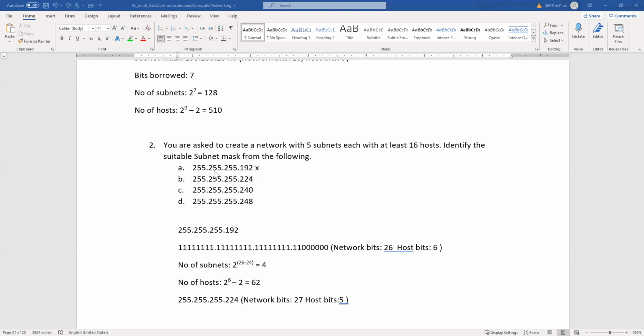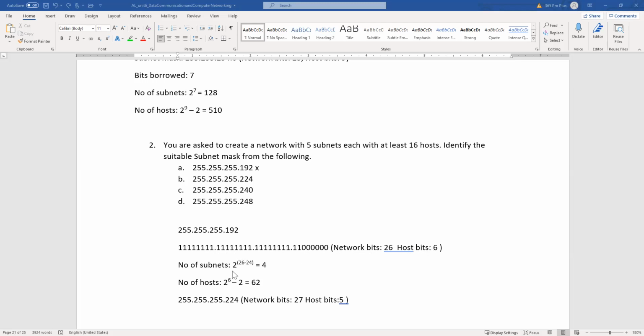Now let's look at the first one. It's 255.255.255.192, which means we have 8 ones, 8 ones, 8 ones, and here we have 2 ones. So we have a total of 26 network bits, and the remaining 6 bits are host bits.